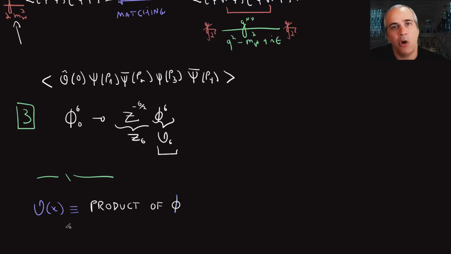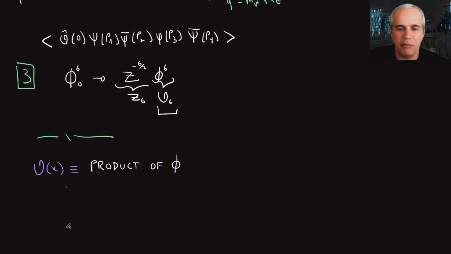And when we renormalize our theory, in the same way we did with couplings, we can just introduce some counterterm of the form delta O times this operator. And this counterterm right here will be responsible for renormalizing the contributions from this guy.